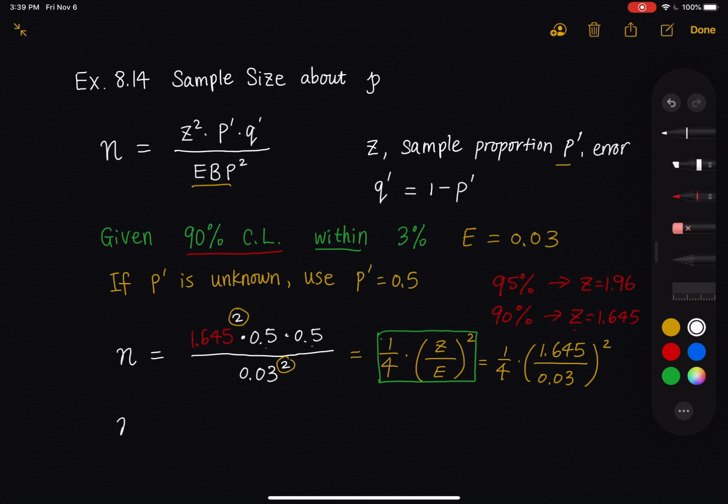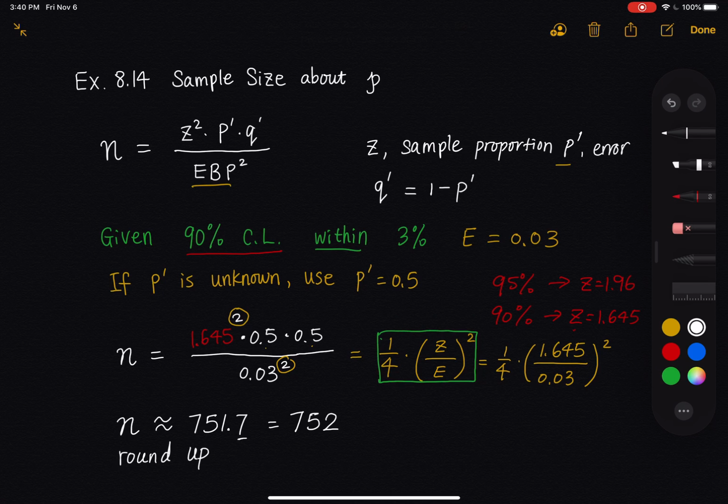So the n using this formula, from your calculator, you get approximately 751.7. Again, we don't just round it, we have to round up. It doesn't matter what this number is; all we need to know is we need one extra person, so it's 752. We need to survey a whole person.